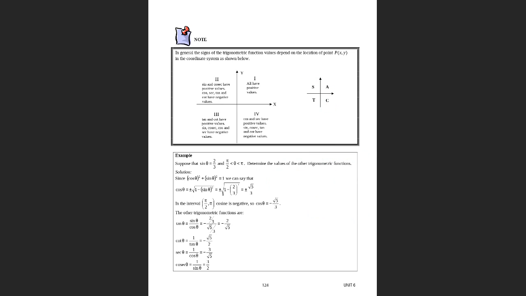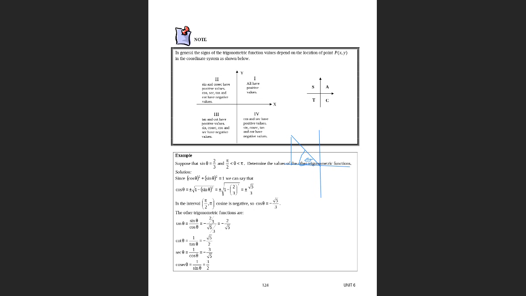Now, the first step is that you must know the quadrant you are working in. So if we check, it says between pi over 2 and pi. That means that you are working in the second quadrant, where here is going to be theta. Then in that case, here will be your opposite, and this side will be your adjacent.